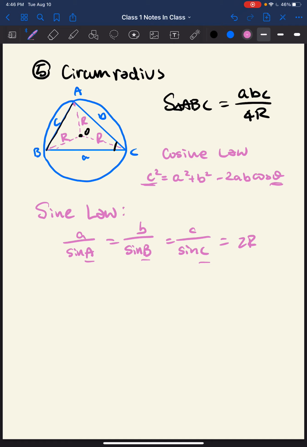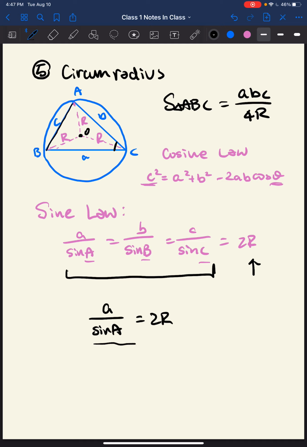So a over sine A equals b over sine B equals c over sine C equals 2R. Most people know the first bit, so I'm only going to prove the last bit. In general, I have to prove a over sine A equals 2R. That's our goal.